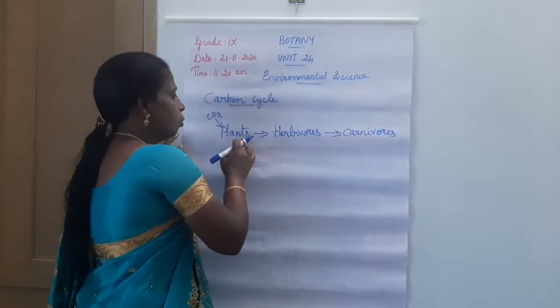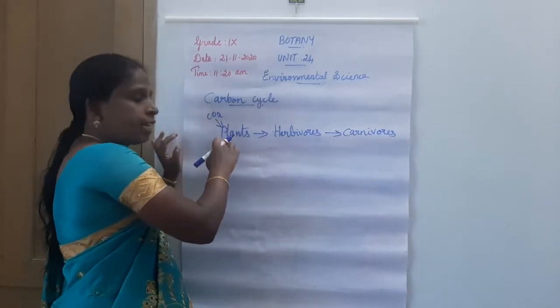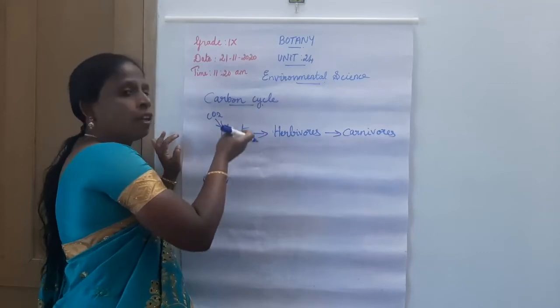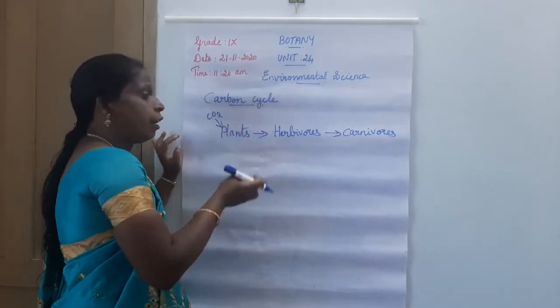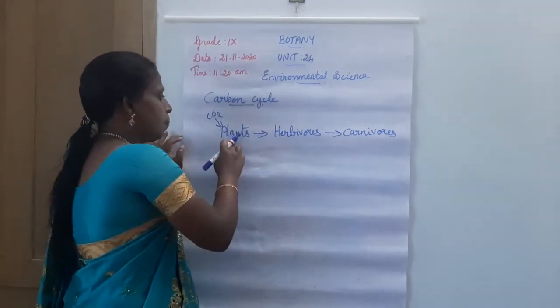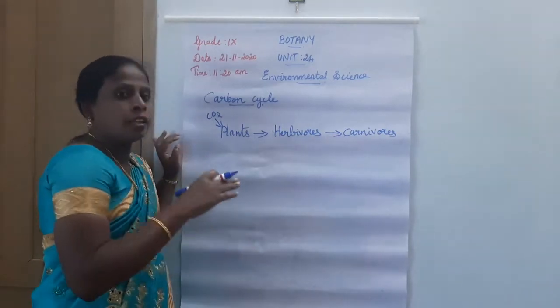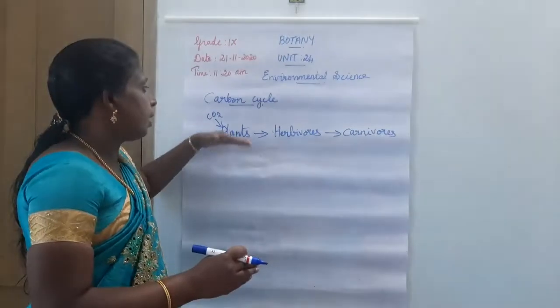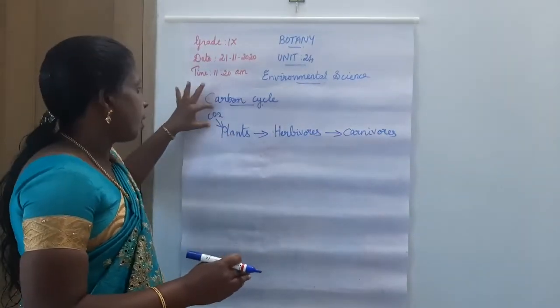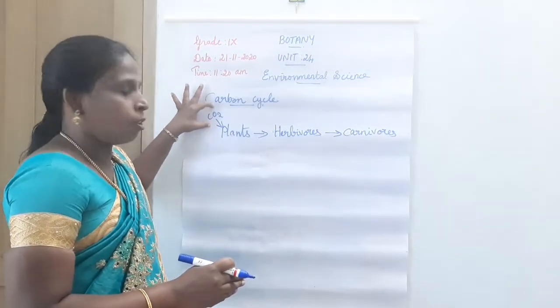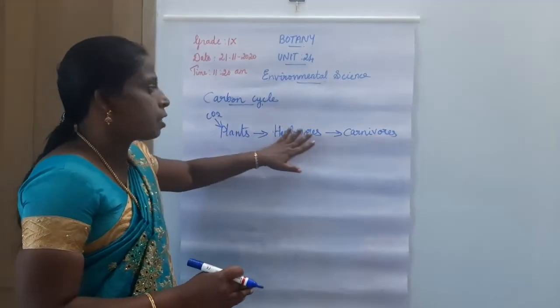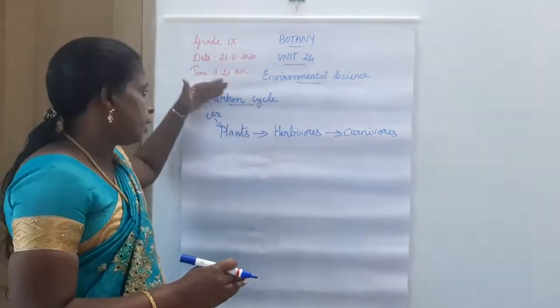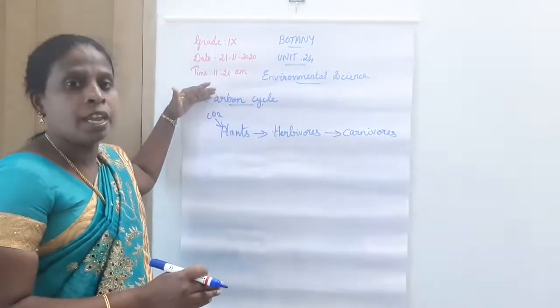Plants, during photosynthesis, take in carbon dioxide and release oxygen. During respiration, plants and animals release carbon dioxide to the atmosphere.